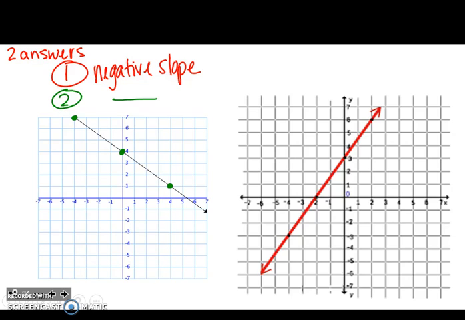On this one, I'm going to go down 3 blocks to Grandma's house, and since I went down, that's a negative. Then I went 1, 2, 3, 4, and since I went to the right, 4 is a positive. So we would have negative 3 over 4. You can either write the negative on the 3, or you can write the negative in the front. Either answer is acceptable. So there should be 2 answers, the written one and then the actual slope.